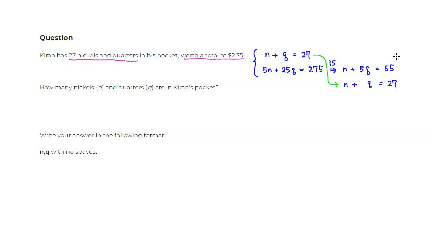So we have two equations and two unknowns, and the first motivation is to eliminate one of the unknowns. In this case, I'm going to eliminate n by subtracting this second equation from the first. So n minus n is going to be 0, and 5q minus q is going to give you 4q, which is equal to 55 minus 27.